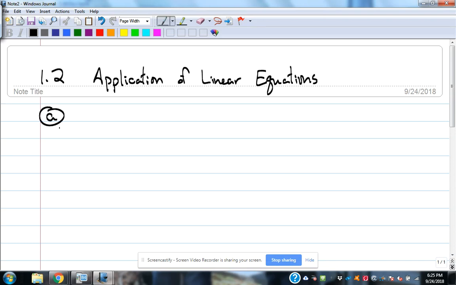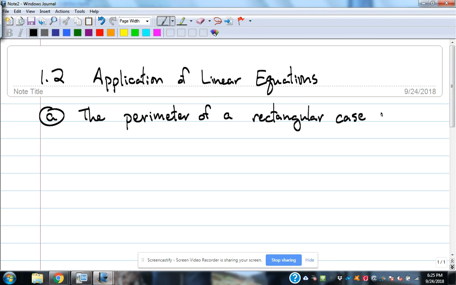Start with example A. The perimeter of a rectangular case is 40 inches.